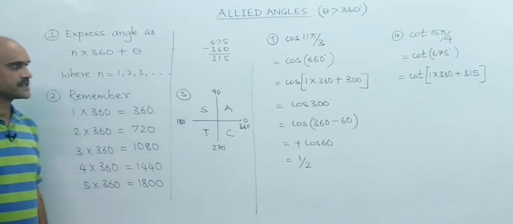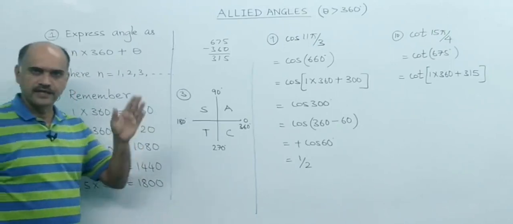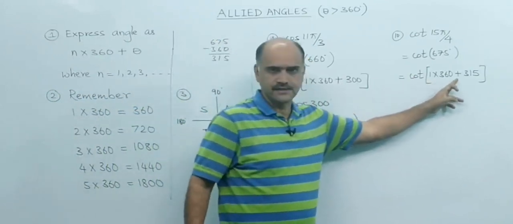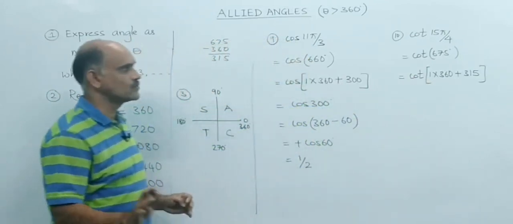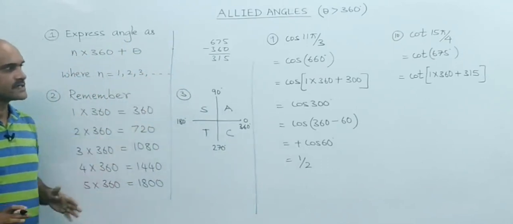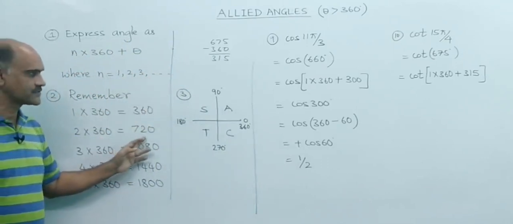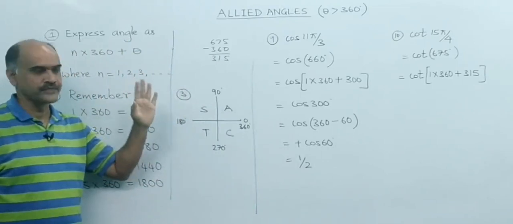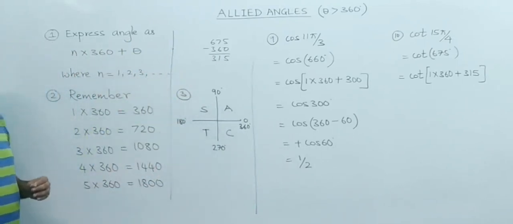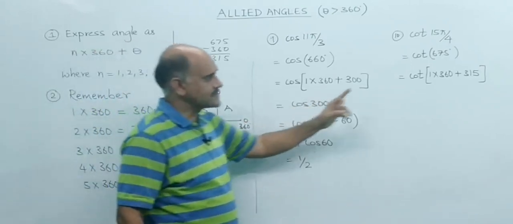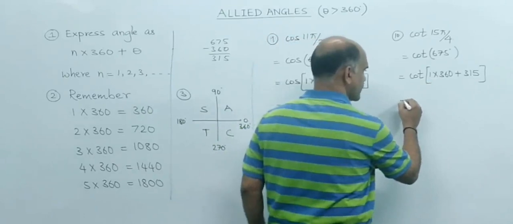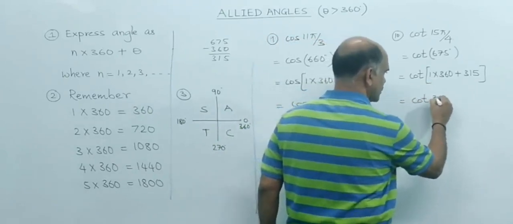Compulsorily by our method, here it has to be plus. You don't take 2 into 360, 720, 720 minus 45, you don't take it in this form, you may go wrong. So compulsorily you should write it as a plus. Now again by our method this first term goes, 1 into 360 you leave it. So what remains? Cot 315.